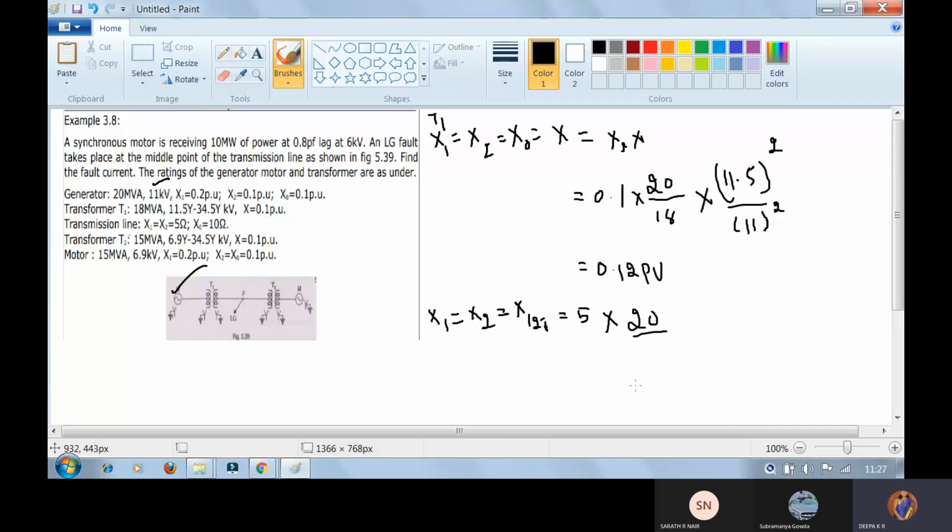So X1 in ohm into MVA new divided by KVB whole square, the KVB whole square on the secondary, which is calculated. Transmission line new value, can you tell me how much it is? Is it 33? 33 whole square. So X into MVA divided by KVB whole square. Simplify this and give me the answer.